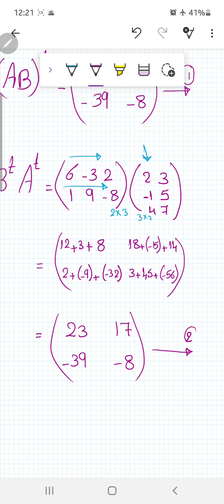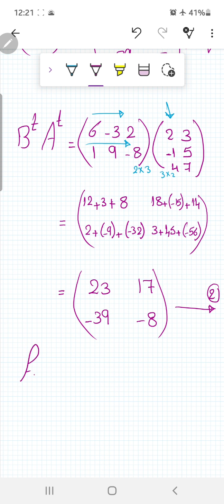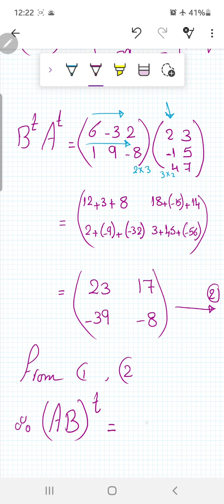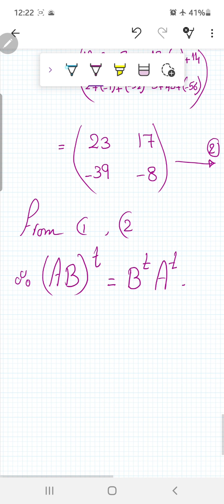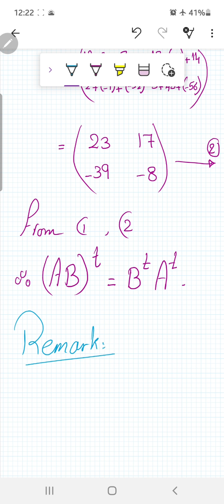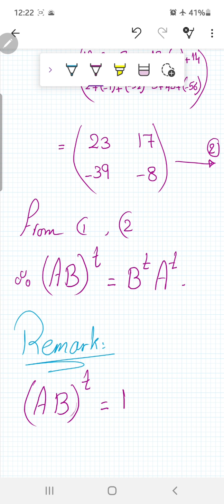From 1 and 2, we get (AB) transpose equals B transpose A transpose. And from here we have a remark, which is: (AB) transpose equals exchange, so start from the second matrix, B transpose A transpose.